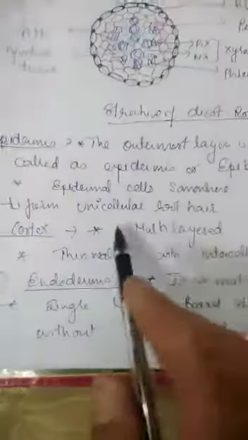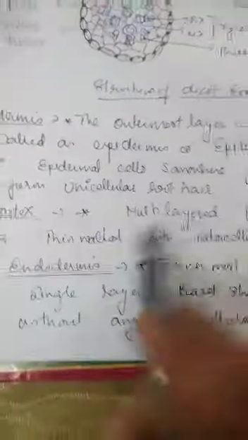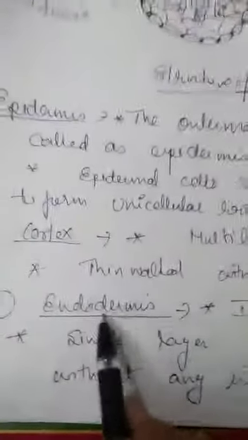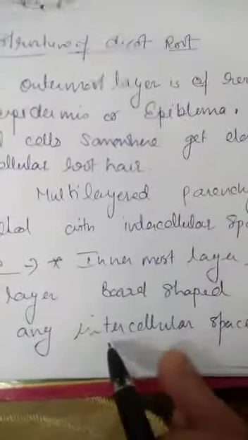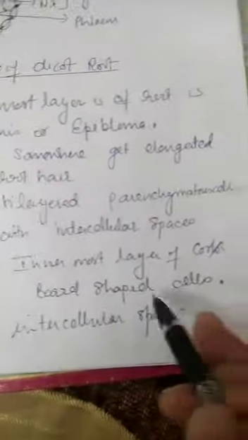Then the cortex is multi-layered, thin-walled parenchymatous cells. Then the endodermis has no intercellular spaces, but it has a very special thickening of suberin, which is called the Casparian strip, a very important term. Then comes the stellar region, with the pericycle of thick-walled parenchymatous cells.